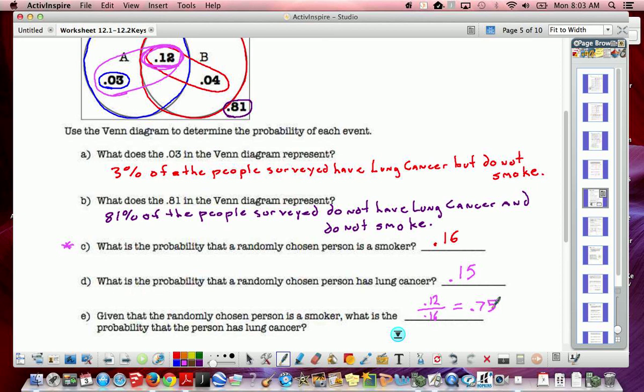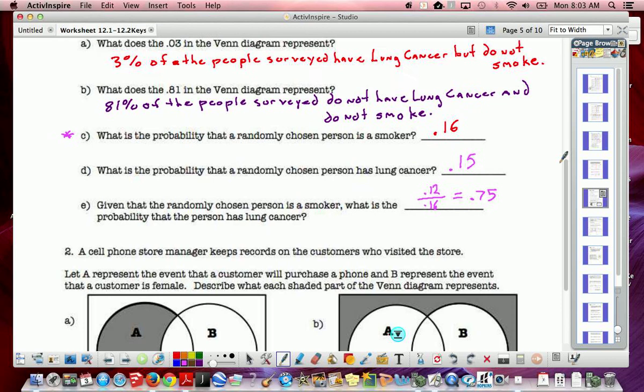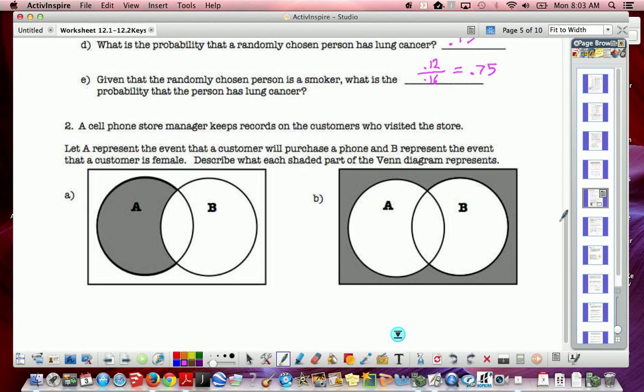All right. Let's take a look at question number 2. Question number 2 says, a cell phone store manager keeps records on the customers who visit the store. Let A represent the event that the customer will purchase a phone, and B represent the event that the customer is female. Describe what each shaded part of the Venn diagram represents.